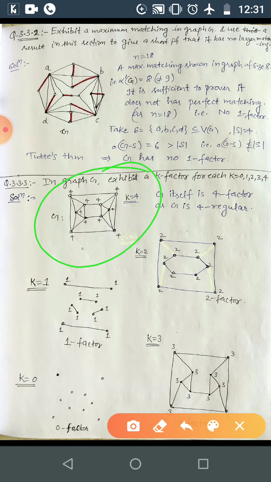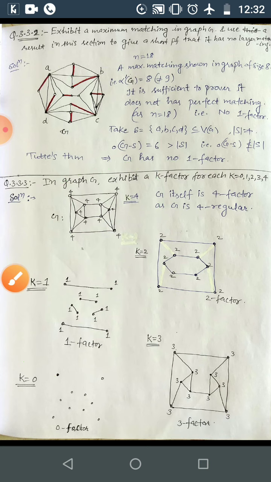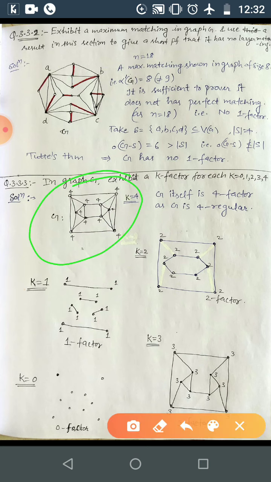The same holds for the 1-factor. How was it possible for a 1-factor to exist here? Because its order is 10, and we are going for a 1-regular spanning subgraph. Here, for a 3-regular spanning subgraph, you can remove one edge from here and you will have a 3-factor.